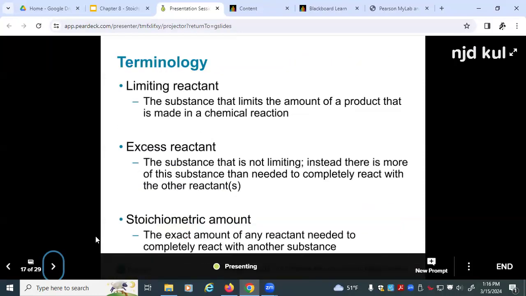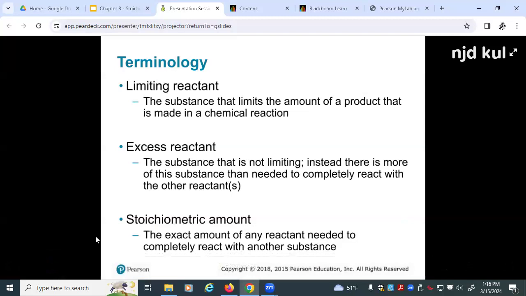What we're describing in that scenario is something called a limiting reactant. A chemical reaction is limited based upon the quantity of the reactants. So I can't have a chemical reaction go on forever in infinity. At some point, the chemical reaction is going to stop, and it's going to stop because at some point, we're going to run out of one or more of the reactants.